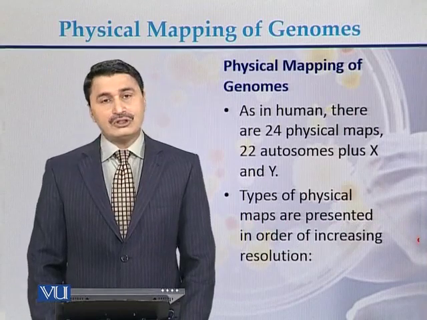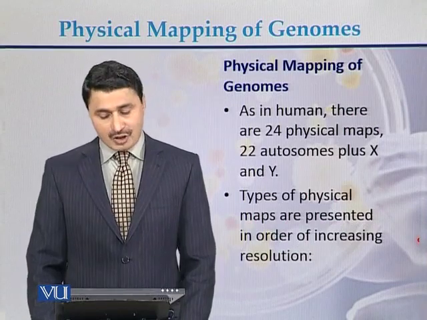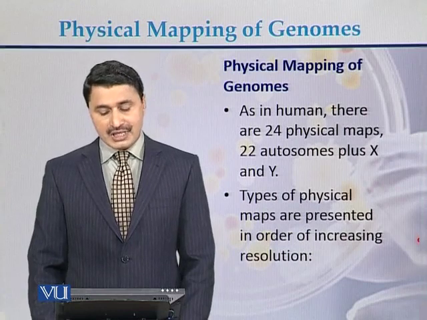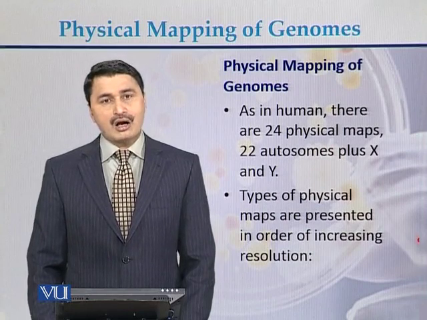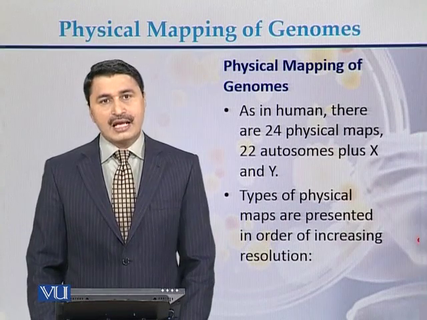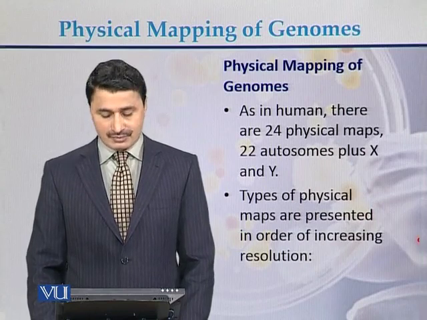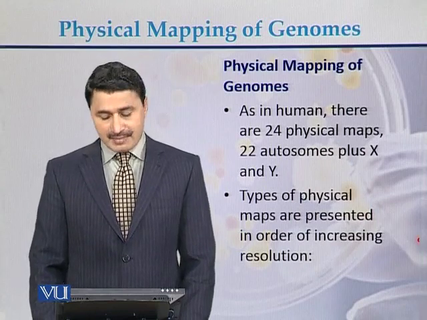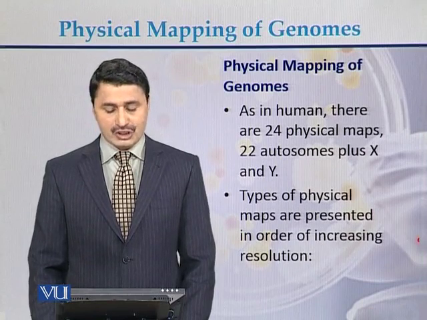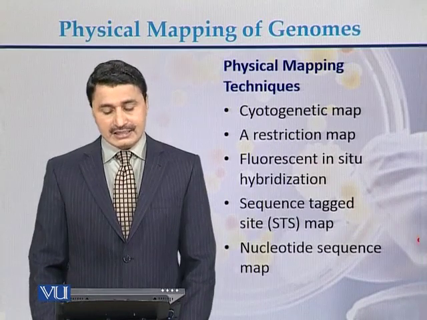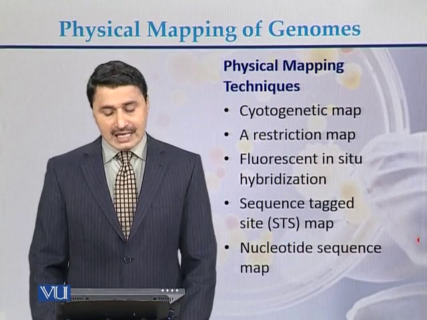As an example of physical mapping of genomes, in humans there are 24 physical maps: 22 for autosomes, one for the X chromosome, and another for the Y chromosome. The types of physical map are presented in order of increasing resolution.